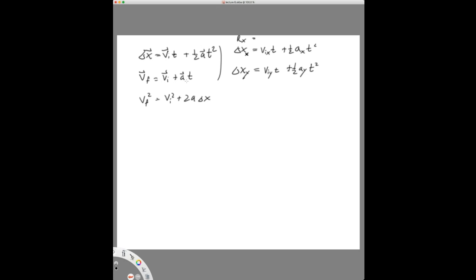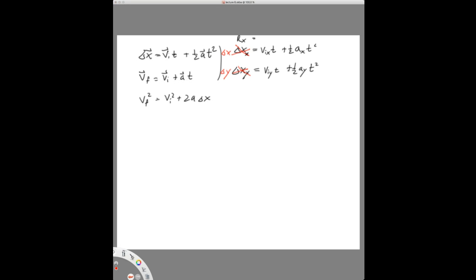Add up the y components of the thing on the right to get the y component of the thing on the left. So we can just rename this because it's a little bit awkward. When we mean displacement in the x direction, we're just going to call this delta x. And when we mean displacement in the y direction, we're going to call that delta y.